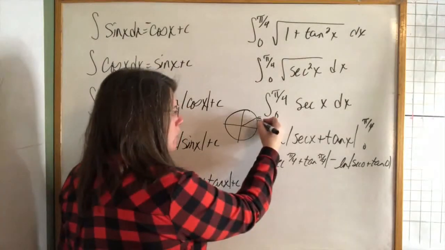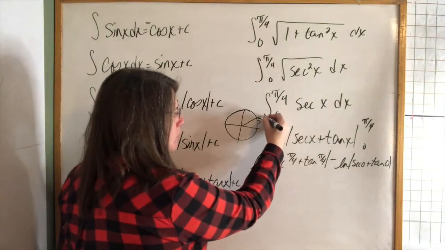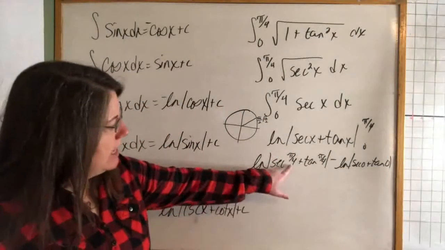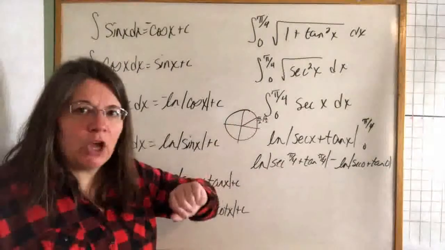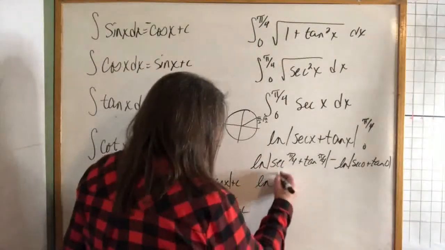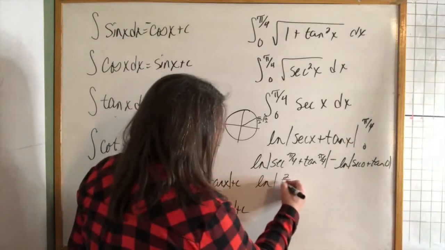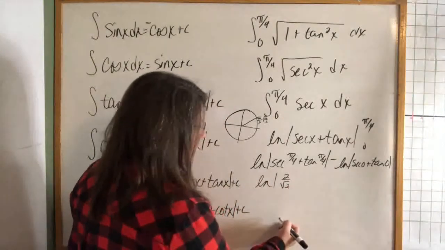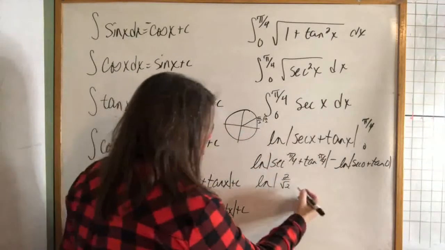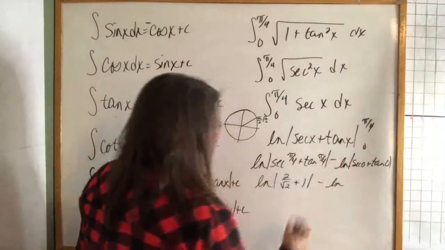The two coordinates of the ordered pair are square root of 2 over 2 and square root of 2 over 2. So secant at pi over 4 is the inverse of the cosine. Cosine is square root of 2 over 2. So secant is going to be 2 over square root of 2 at pi over 4. Tangent at pi over 4 is square root of 2 over 2 over square root of 2 over 2, which is 1. And then we have the natural log.